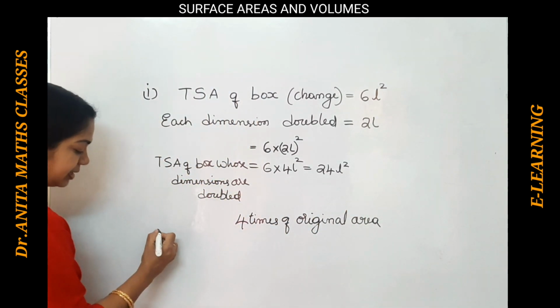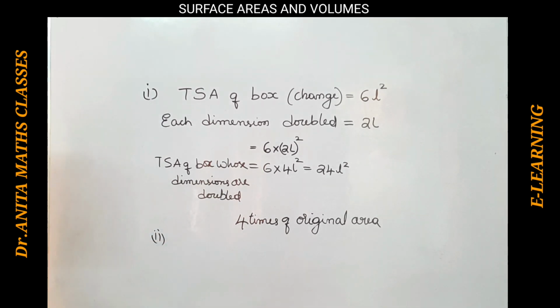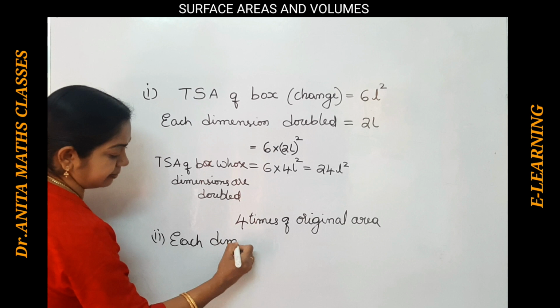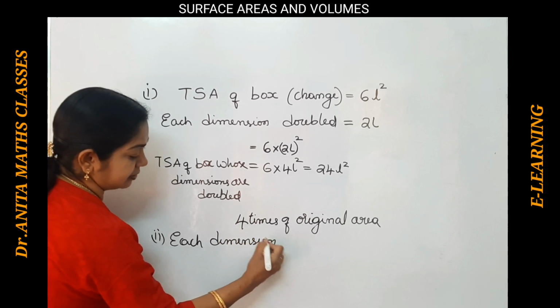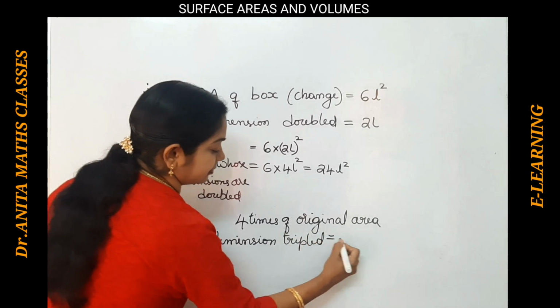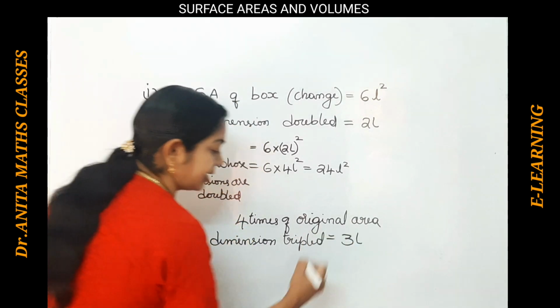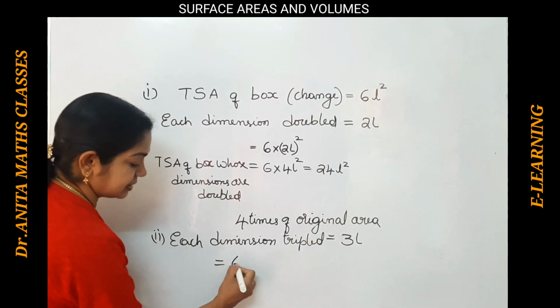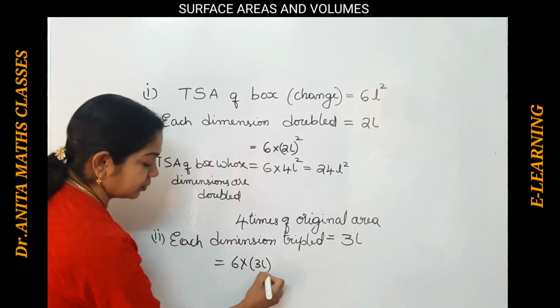Now the second part is if each dimension is tripled. That means if L is the dimension, it becomes 3L. We substitute in the formula 6 into 3L whole square.